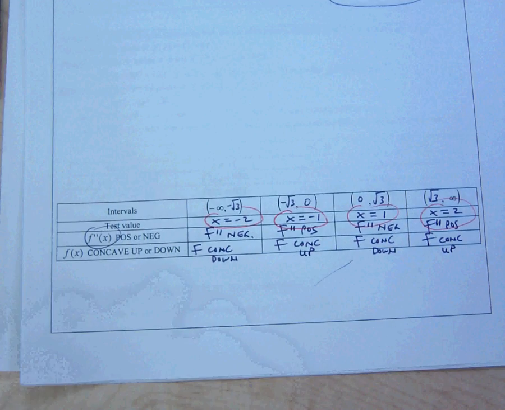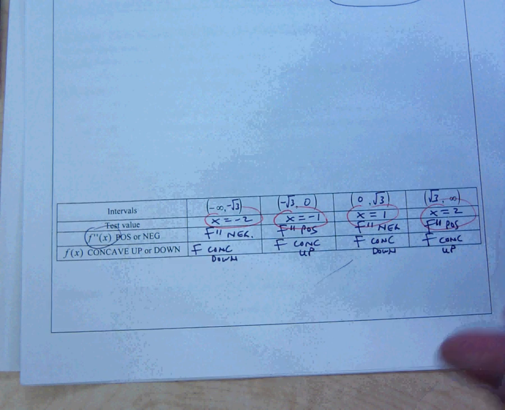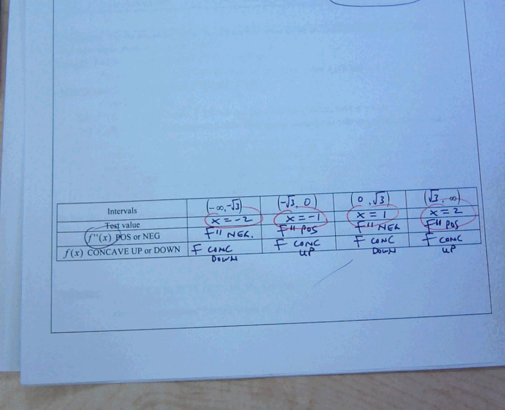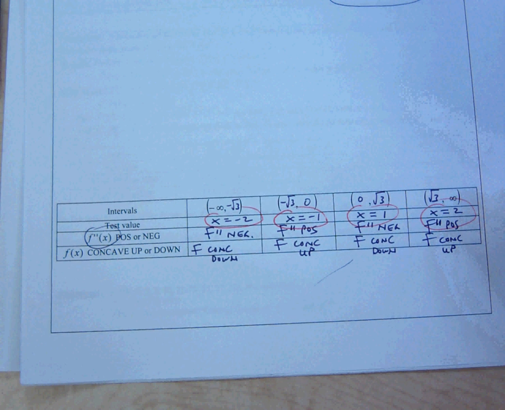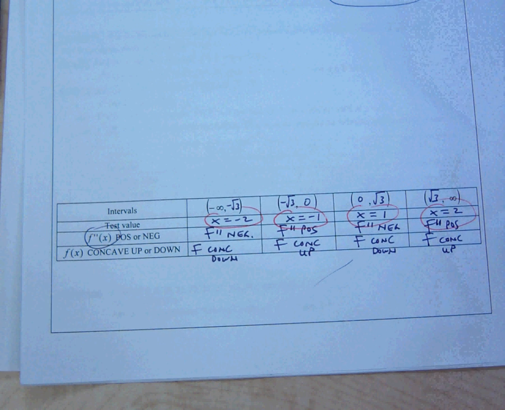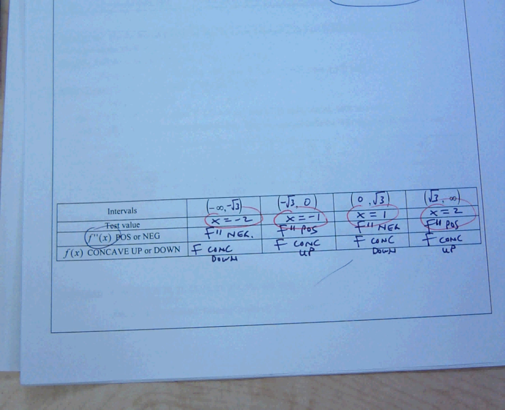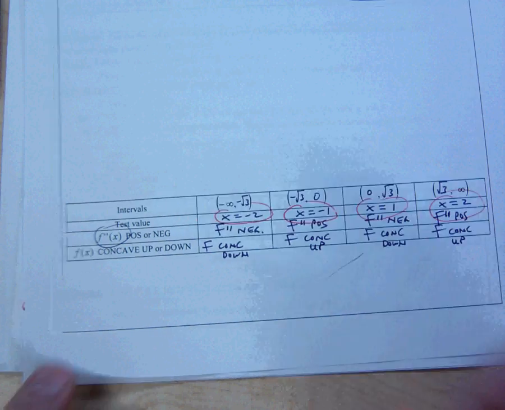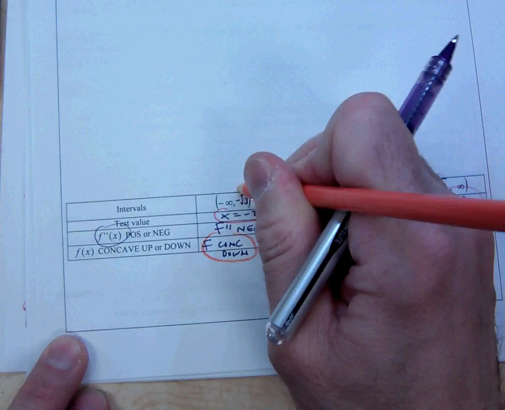Okay, so here we go. If the question was find the intervals where F is concave up or down, wouldn't we be done right now? We'd be done, right? But I also want you to take it further and find the inflection points on F. So real quick, doesn't F have a change in concavity right here from down to up at -square root of 3?